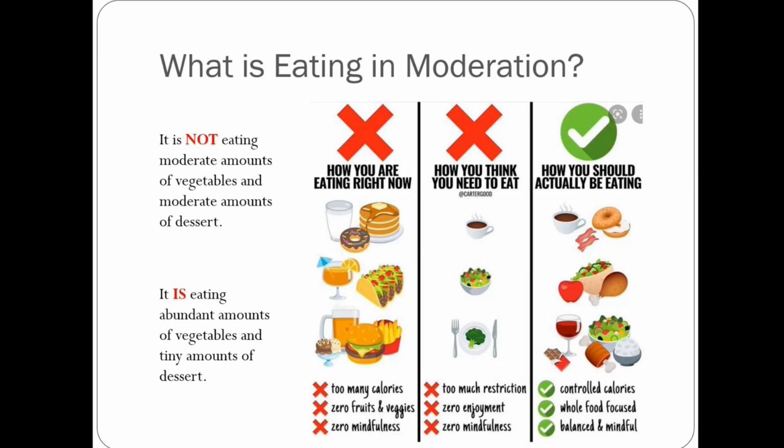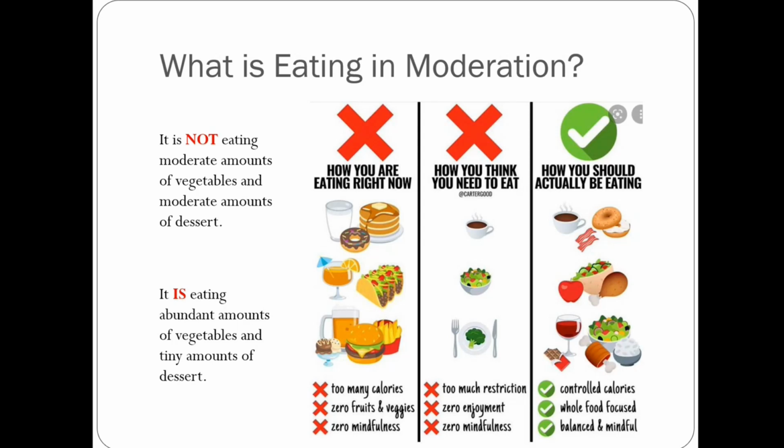Think of each food group as having its own definition of what moderation means. There's a picture here that helps describe that a little better. If you're looking at the screen on the left, maybe we're eating too many calories, zero fruits and vegetables, and not using mindfulness very well. We can see there's a lot of junk food items. In the middle, sometimes we think of moderation as, okay, no sweets, only salads, only vegetables, only lean proteins, low fats.